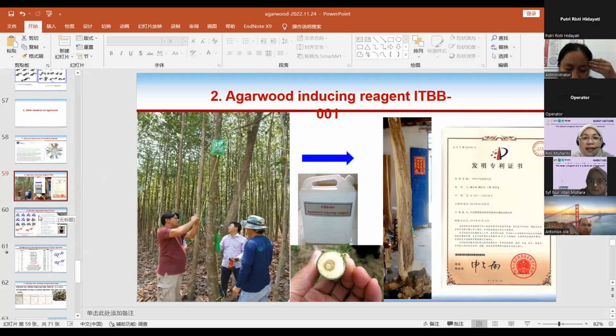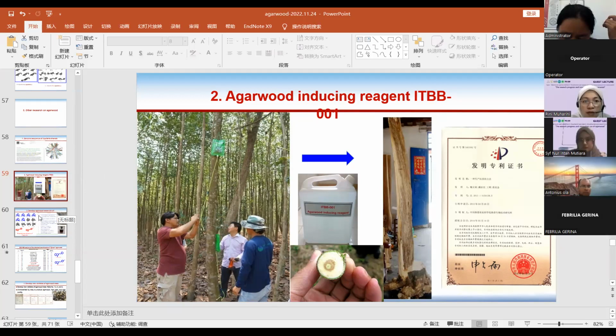From Mrs. Ira Lestari: would you share with us again how to extract and isolate the compounds from agarwood? And what techniques or strategies or solvents did you apply, and which is the best solvent to isolate the compounds?